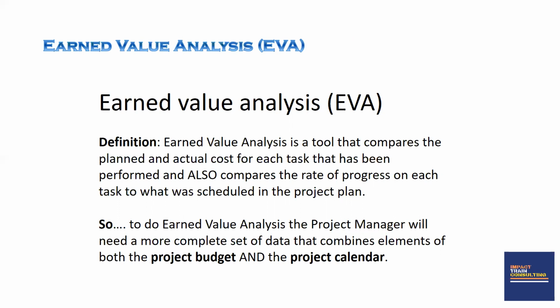But if they did an earned value analysis, they may actually see that you might not have overspent or underspent on that budget. Because the earned value analysis will look at how much of the activities you have actually carried out based on what you had in your detailed implementation plan.